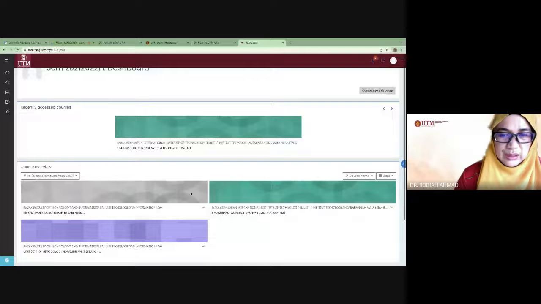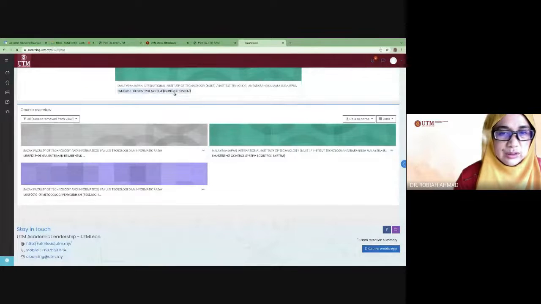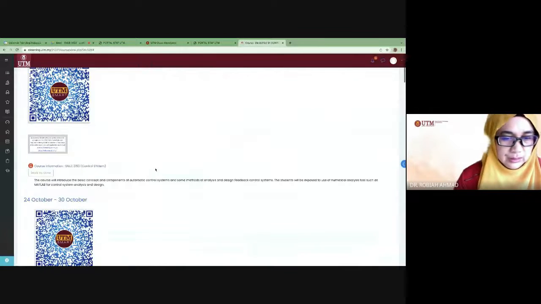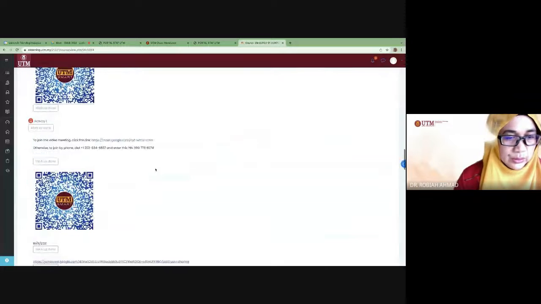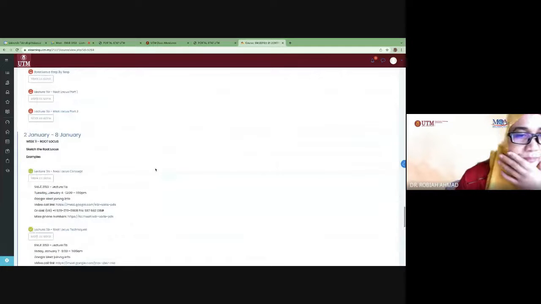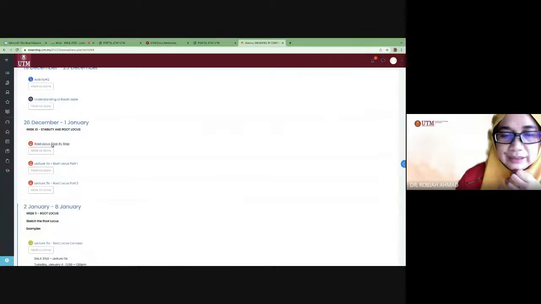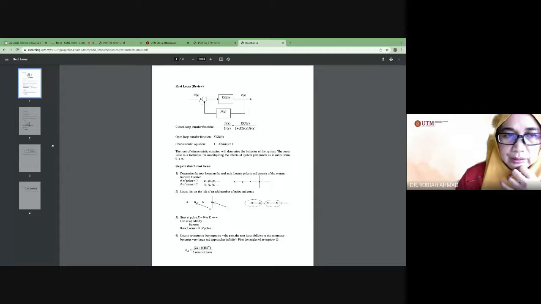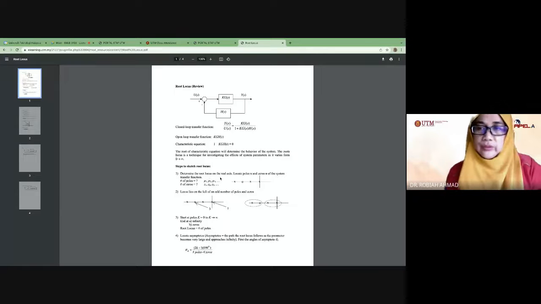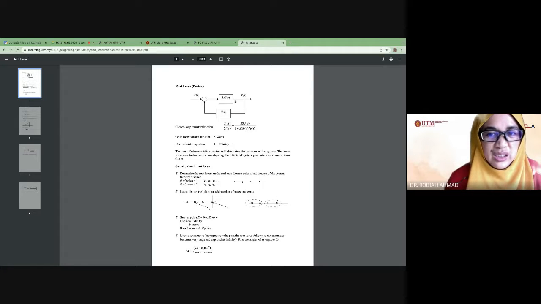Okay, so let us look at our notes here. Today's class is actually on the concept. If you look at the notes here, can you see what I am sharing now? Yes, Doctor. Okay, one of the notes that I put in the e-learning is on root locus step-by-step procedures, how to do the root locus.